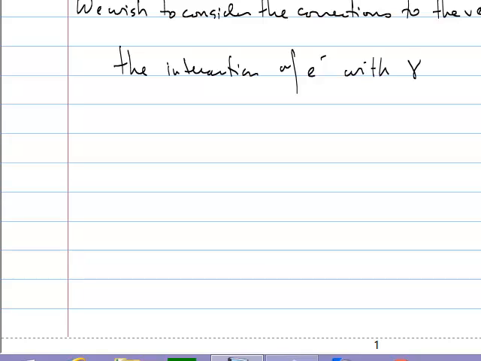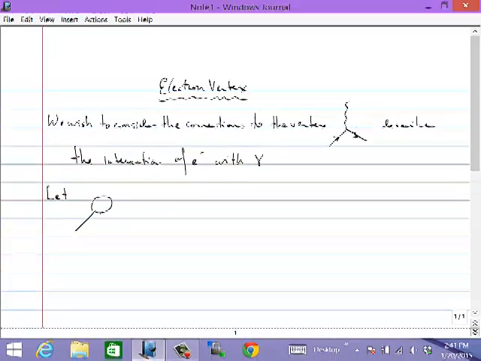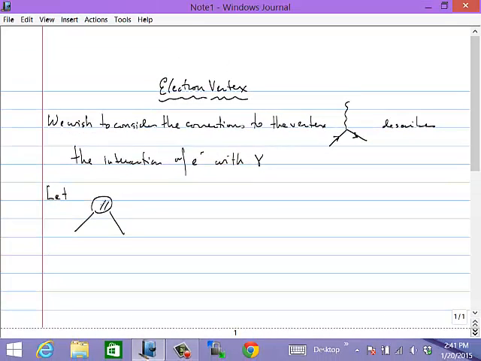So, in particular, what I would like to do is consider all of the quantum corrections to the vertex of this form, that is to say, I would like to consider all possible Feynman diagrams which have two external electron legs and one external photon leg.